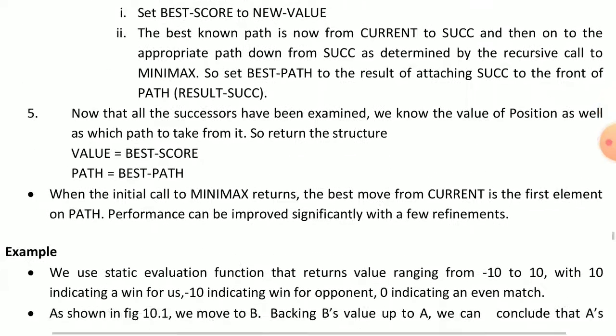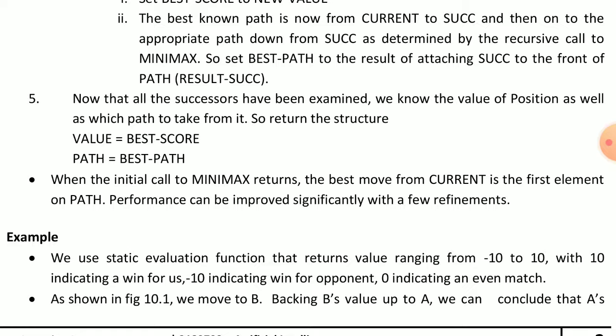Now the fifth step: all the successors have been examined. We know the value of the position as well as which path to take from it. Now we can find out the successor, examine the successor, and choose the value of the position of the particular path, and then we can return the structure like this.